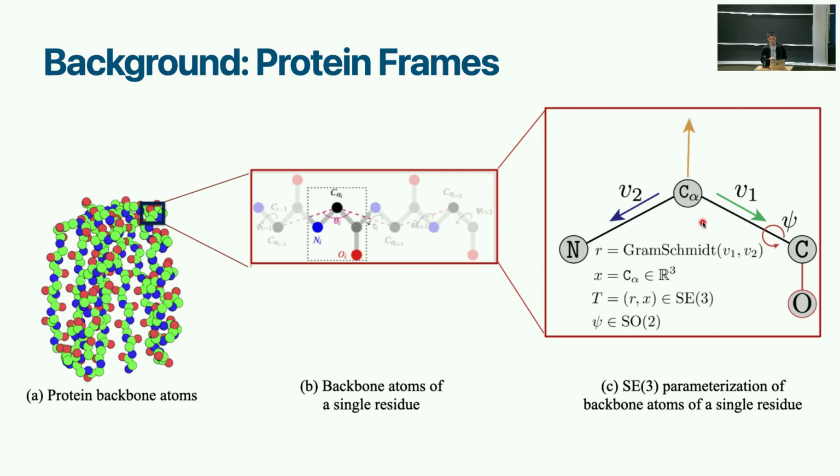That's constructed by taking the 2 vectors coming out from the central C alpha coordinate to the other 2 coordinates and then doing Gram-Schmidt over that. So you have this rigid representation that keeps the bonds fixed, but also lets you move this around anywhere by just moving the C alphas in a translation.